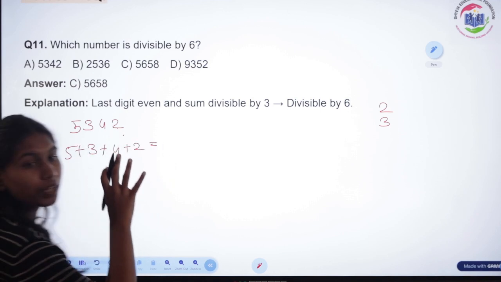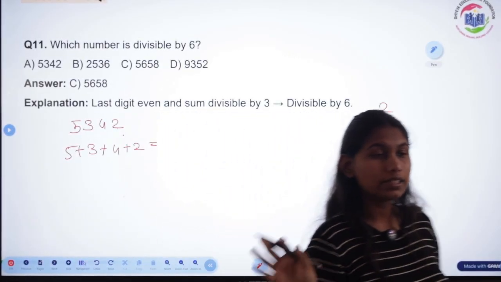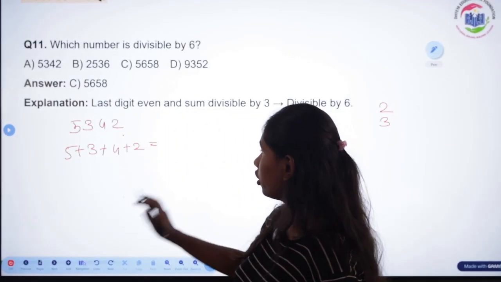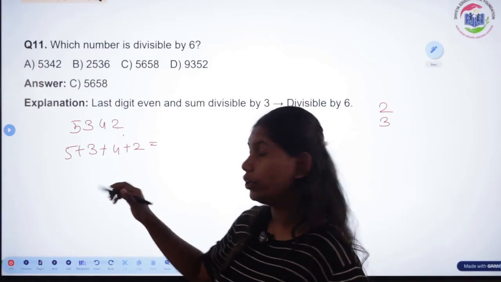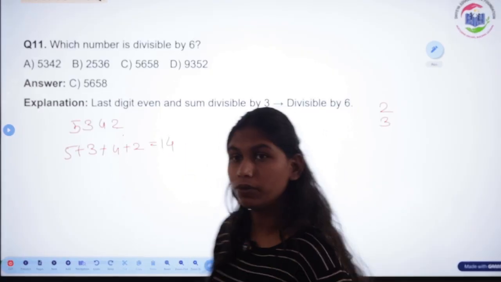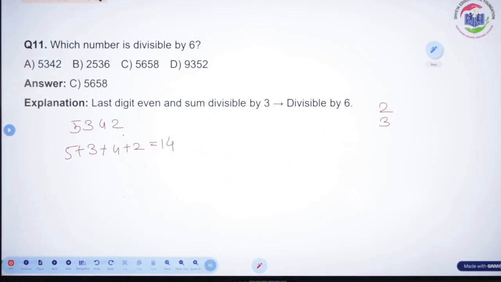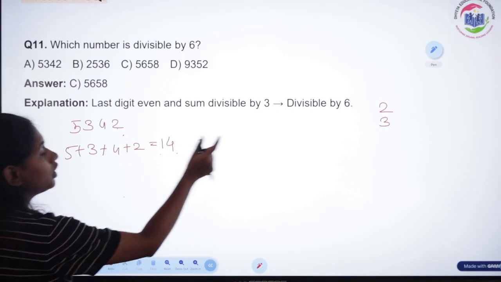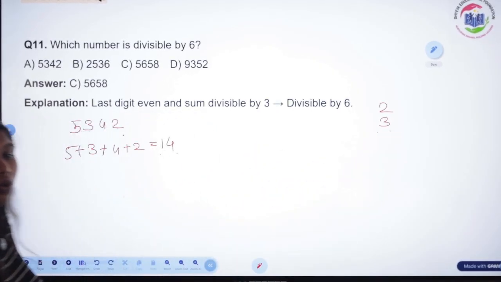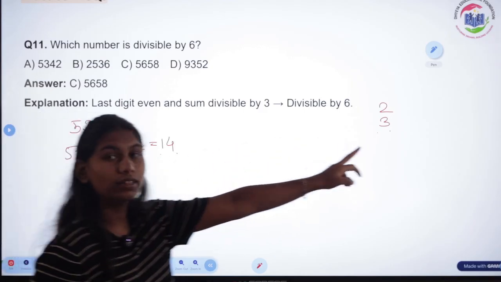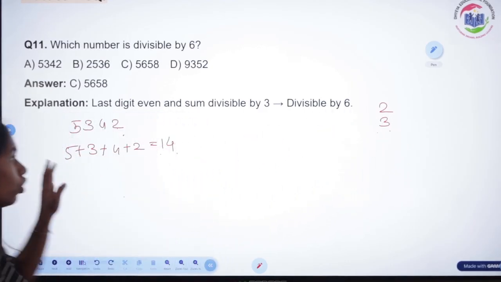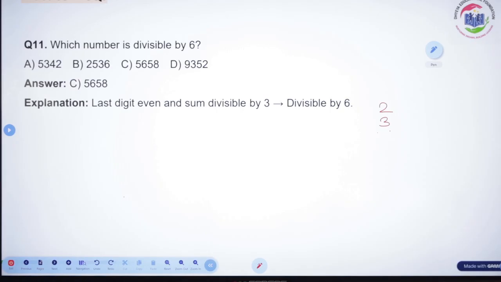If you add all the numbers, your answer will be 14. Now you can't divide 14 by 3, so it is not divisible by 3. So the first option will be cancelled.